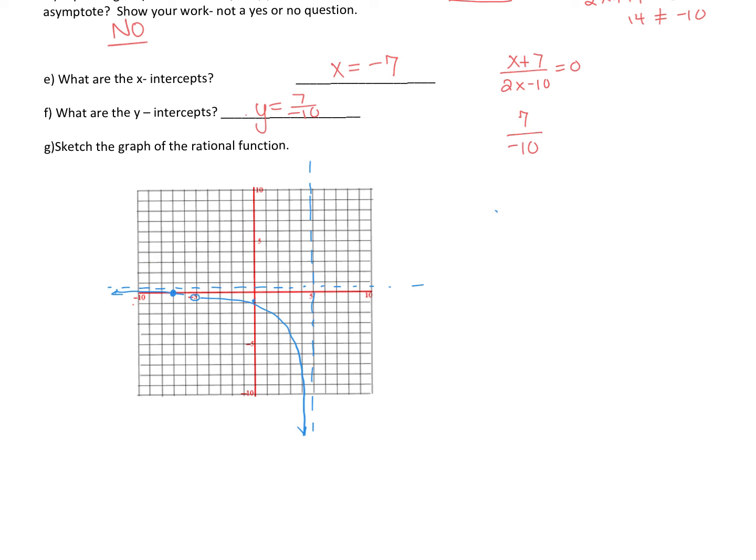So if I find the function value at 6, and I plug 6 in, I'll get 6 plus 7 over 12 minus 10, which is going to be 13 over 2, or 6.5. So at x equals 6, I would be at 6.5, and I would get another piece that looks something like this. Let's do one more example.